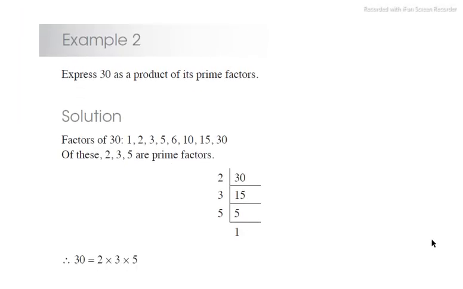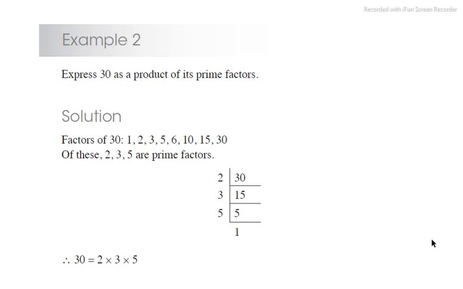For instance, in example 2, where we are told to express 30 as a product of its prime factors, we are going to divide 30 by its dividers using the ladder method, and we shall multiply the divisors.